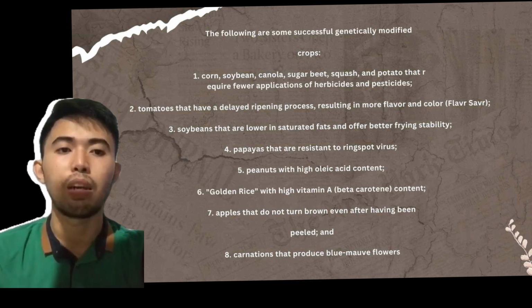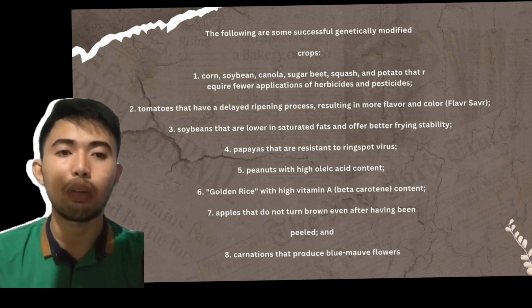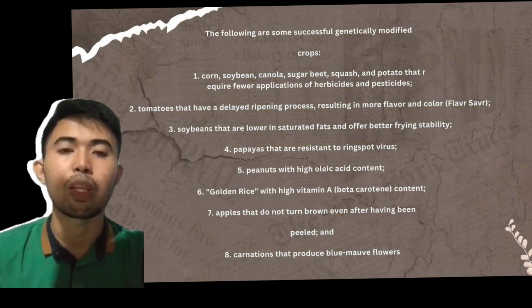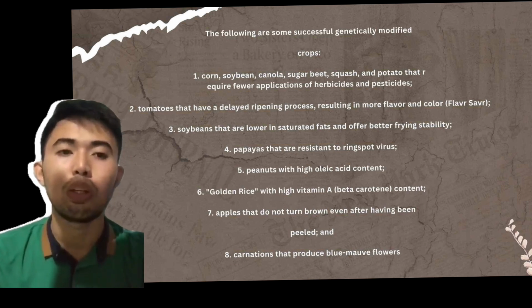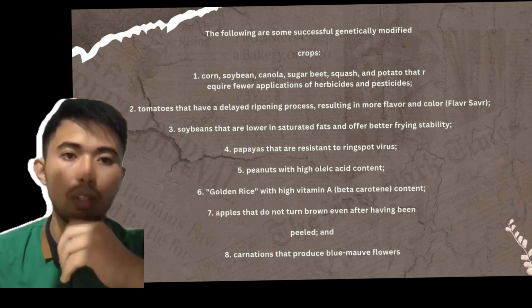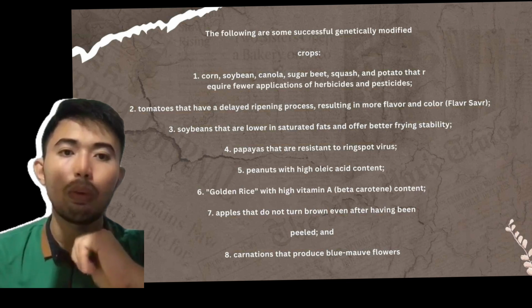Number 1, corn, soybeans, canola, squash, or potato that are tolerant of applications of herbicides or pesticides. Number 2, tomatoes that have a delayed ripening process, resulting in more flavor.